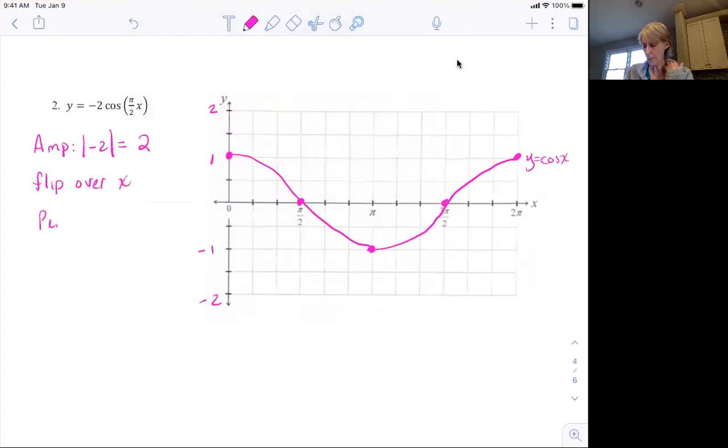My period is 2 pi over 2, which is the same as, if you flip that up, 2 pi times 2 over pi, which is 4.